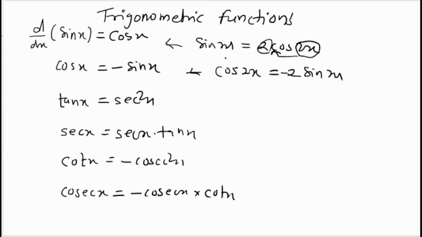Similarly for all the remaining ones: the derivative of tan of 5x is 5 times sec square 5x. So again, our observation is that the constant multiplying the function should be taken into the multiplication of the answer.